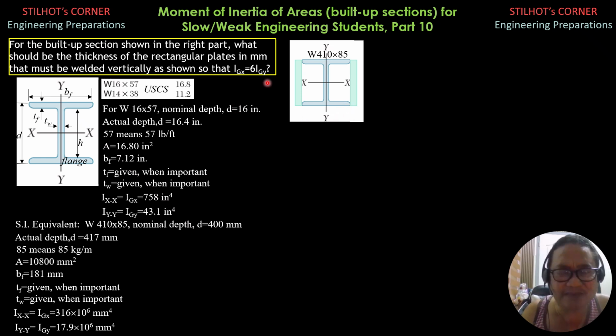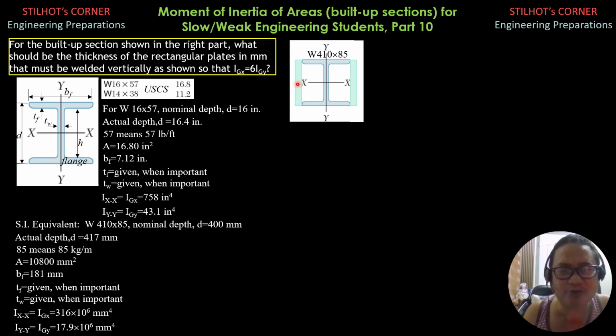IGX equals 6 times IGY. For IGX, the centroidal x-axis of the wide flange as well as these two vertical rectangular plates coincide with the centroidal x-axis of the entire figure. Therefore, IXX is just IXX of the W flange plus 2 times IX of these two plates.